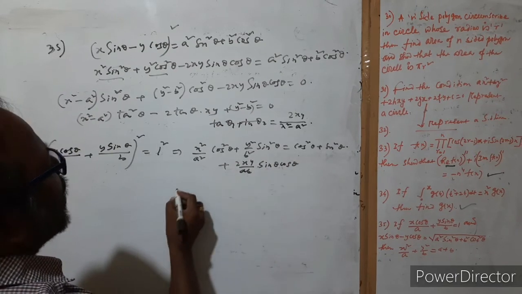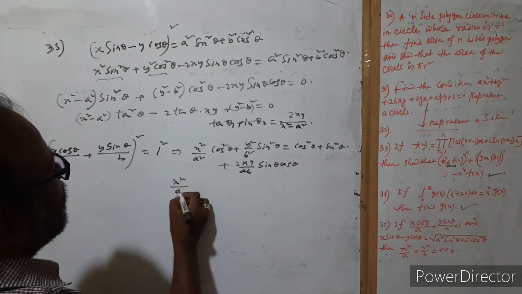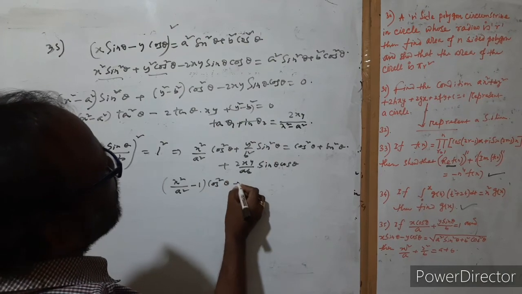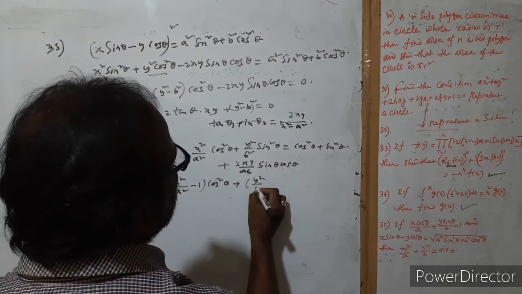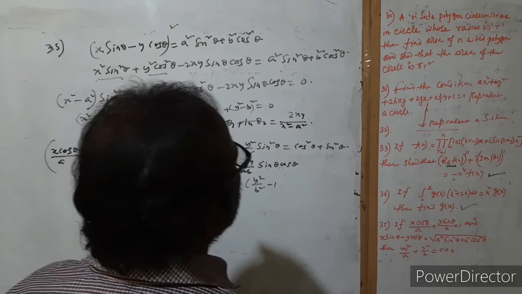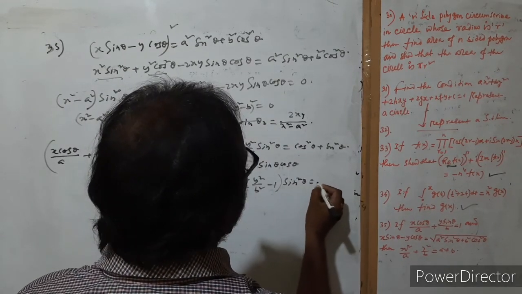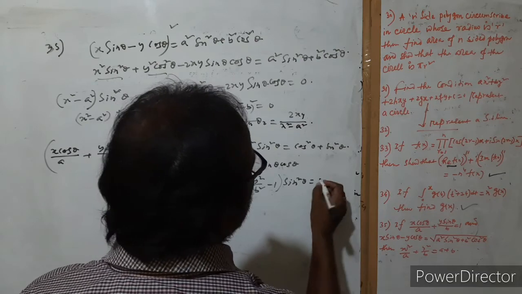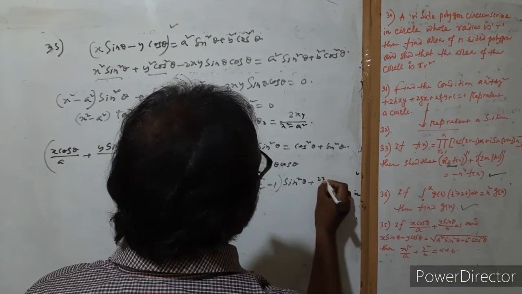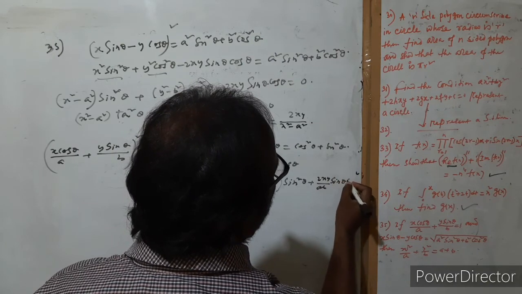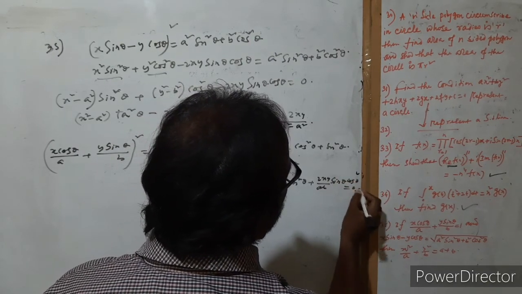Take cos square common, so this is x square by a square minus 1 into cos square theta plus y square by b square minus 1 into sin square theta, and this is here twice xy by ab sin theta and cos theta is equal to 0.